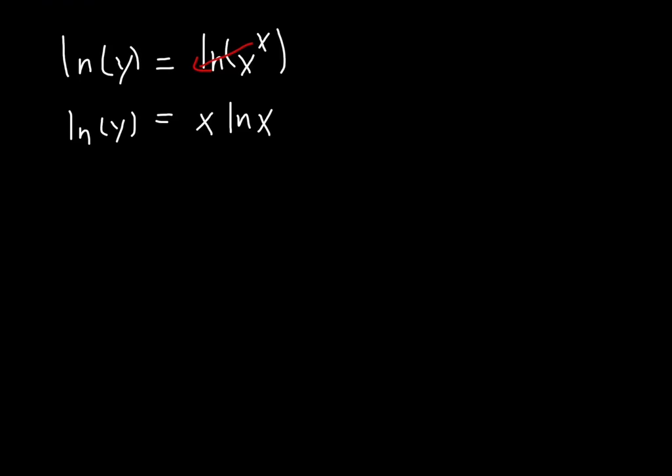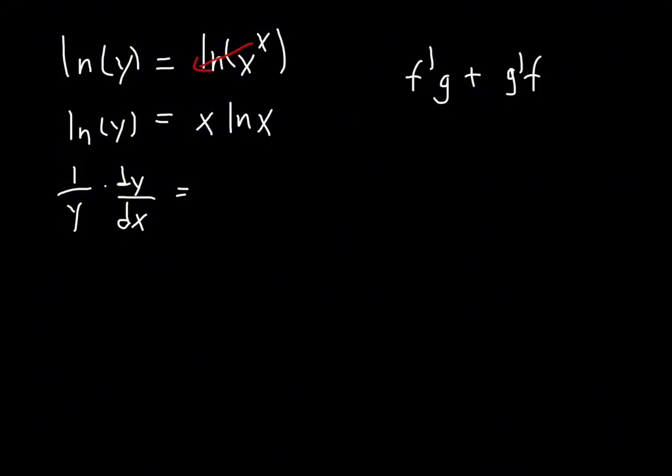Now our next step is to take the derivative on both sides. The derivative of ln y is 1 over y times dy/dx, which is equal to, and for this one we have a product here, so we just need to use the product rule: f prime times g plus g prime times f.